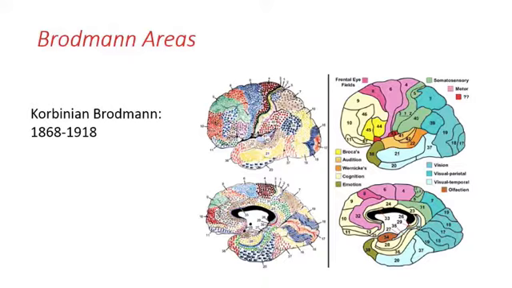And just behind that, this is the central sulcus here, or the fissure of Rolando. And here is the primary somatosensory cortex, or the post-central gyrus. This corresponds to Brodmann areas 1, 2, and 3. They're all kind of mixed together.